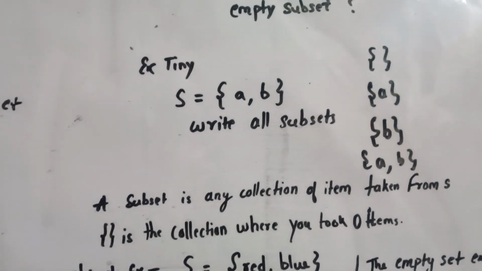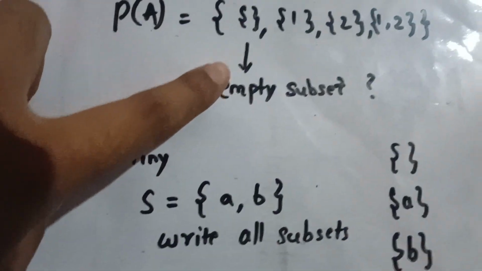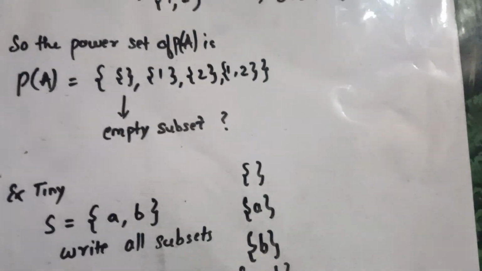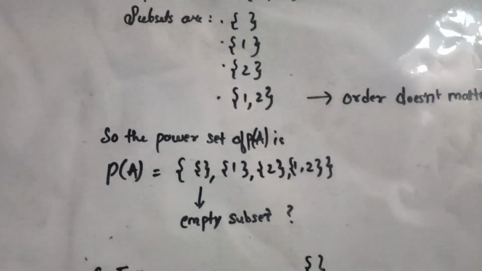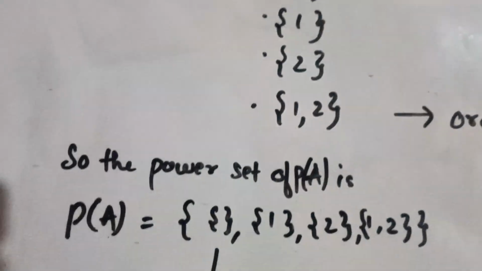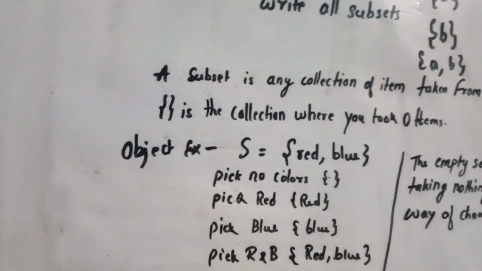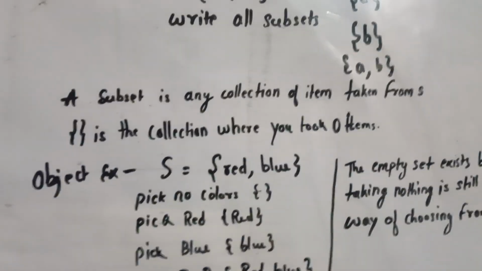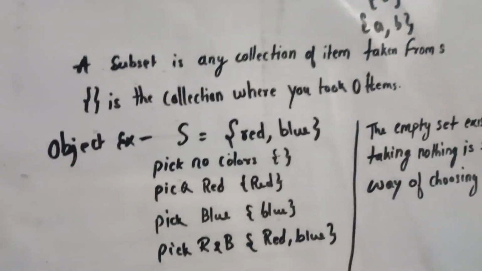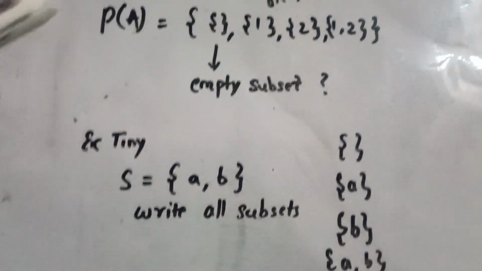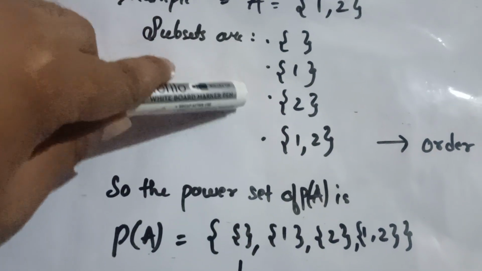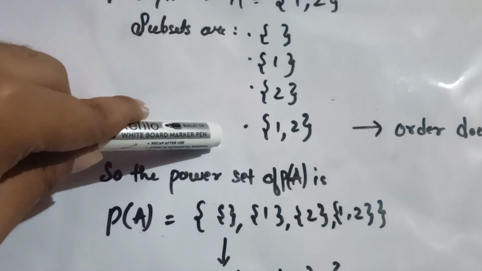But I got the question over here: why are we including this empty subset? It is not mentioned anywhere else like 1, 2, but where is the empty thing? So let's understand why it does have the empty set. This is a set, this is a subset, right? This is also a subset, this is also a subset, this is also a subset.